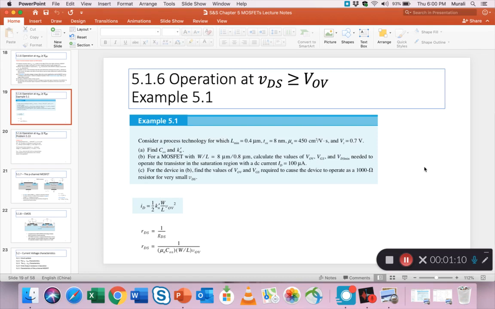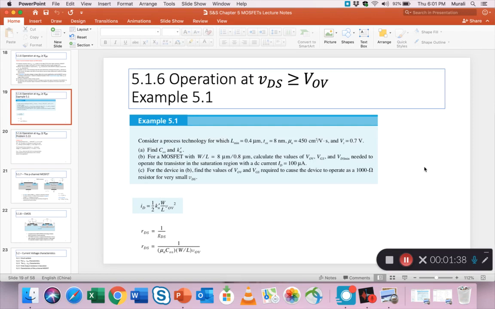We also talked about the triode region, where the gate to source voltage is small, and then the saturation region, where the drain to source voltage is gradually increased. So we talked about that.